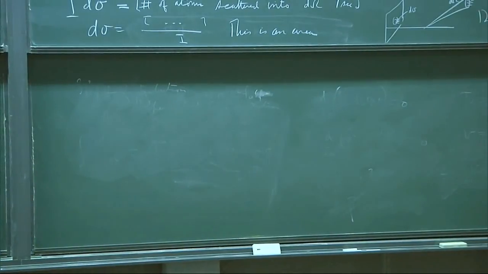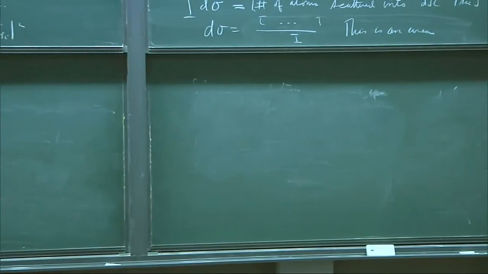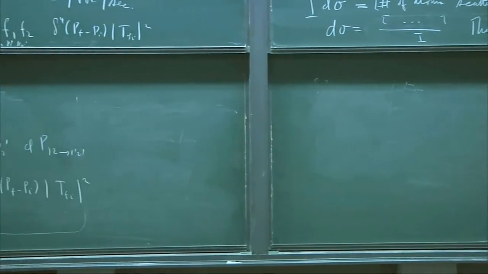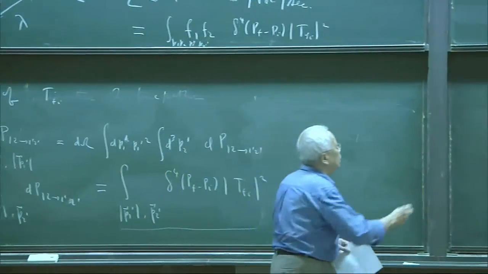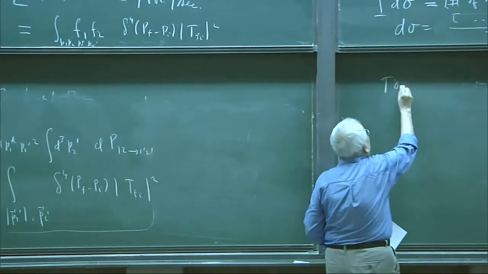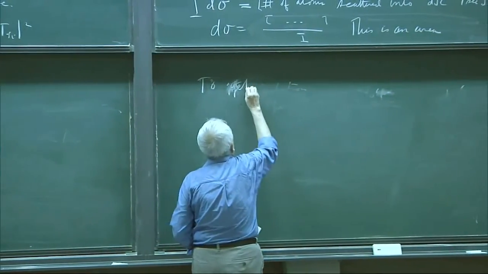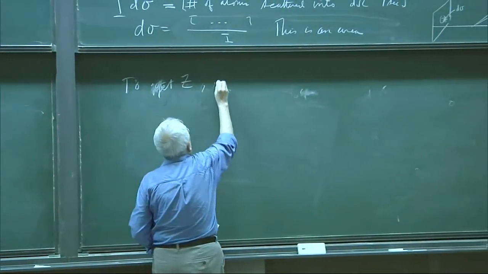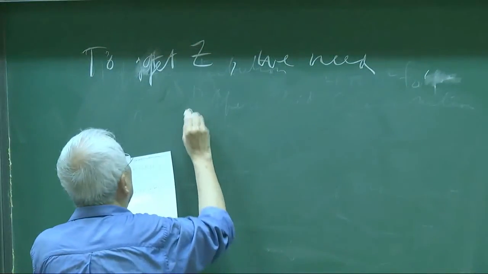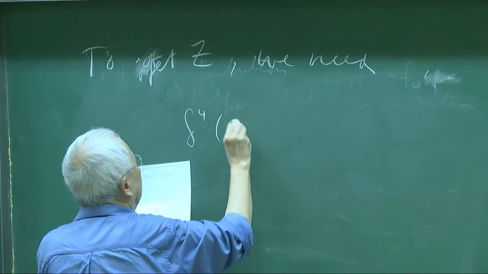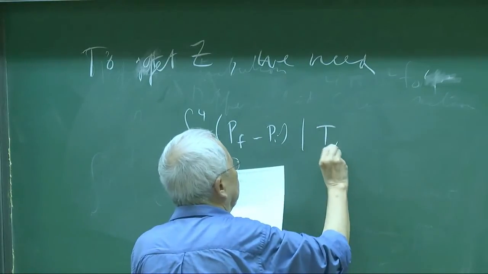It involves the integration of this over everything. Because we need to get Z, we need to do the integral of delta 4 of p final minus p initial, times the T matrix squared.